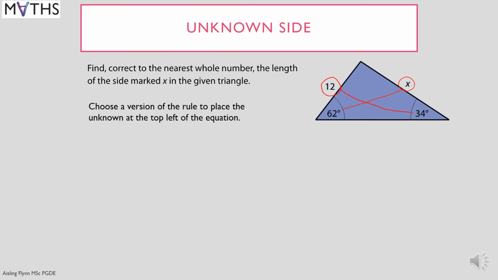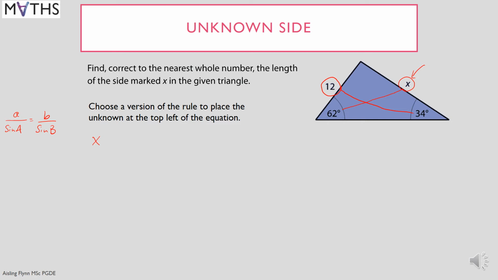What we're asked to find is x. So putting x in the top left of the equation means I'm going to put the lengths of the sides on top. So I'm going to use the version where a over sine A equals b over sine B, and you can write that down for the examiner as well.